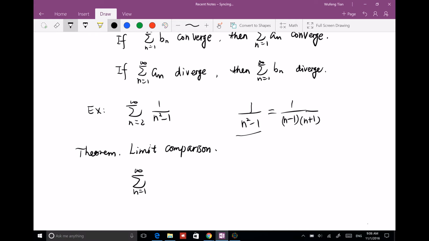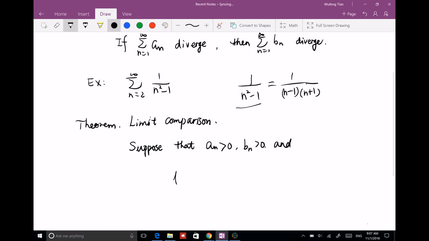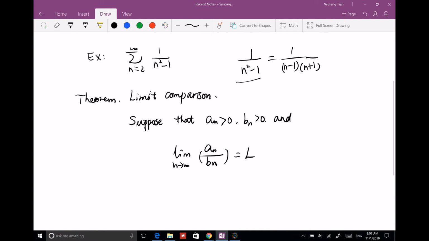Suppose that an and bn both are positive, and the limit as n goes to infinity of an over bn equals a constant L, where L is finite and positive.